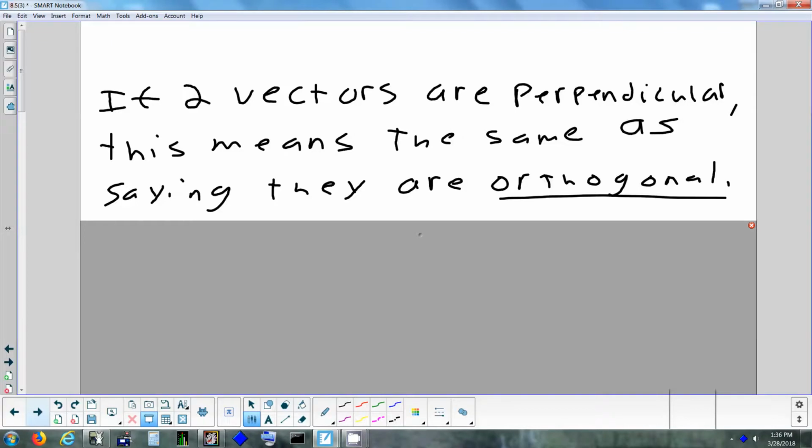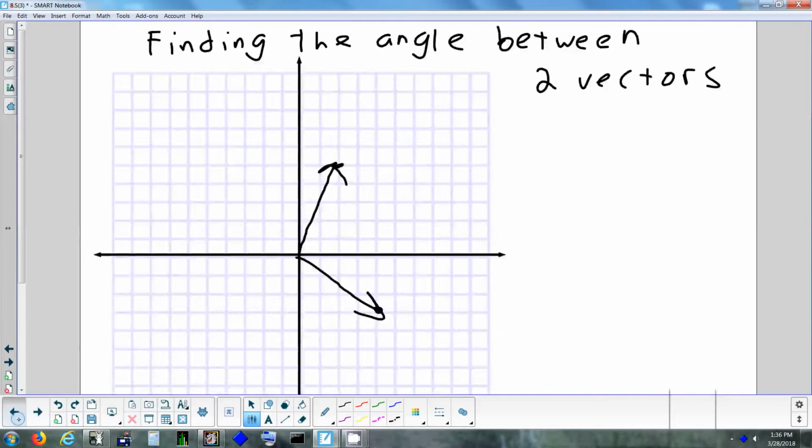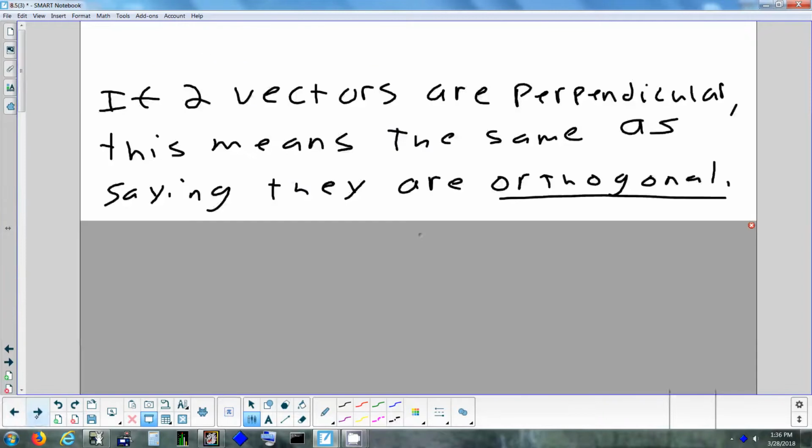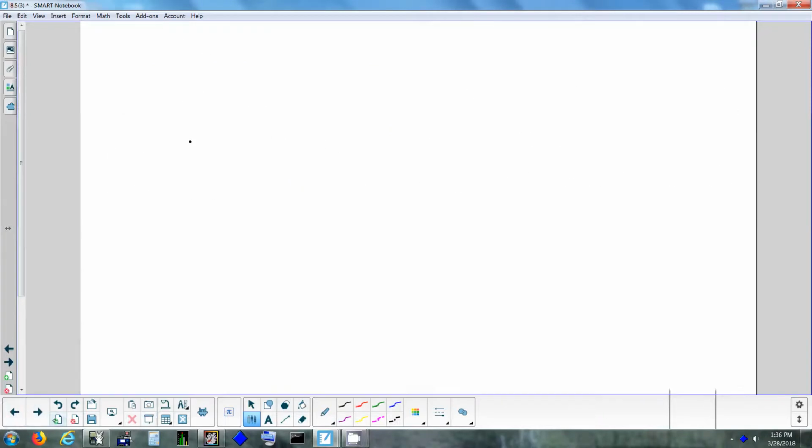Okay. 90. So let's take a look at what would happen if we force the angle to be 90. I want to know what would happen to the stuff over here. So I'm going to fill in a 90 right there, and then work backwards and figure out what the other side would have to be. Okay, so let's do that.